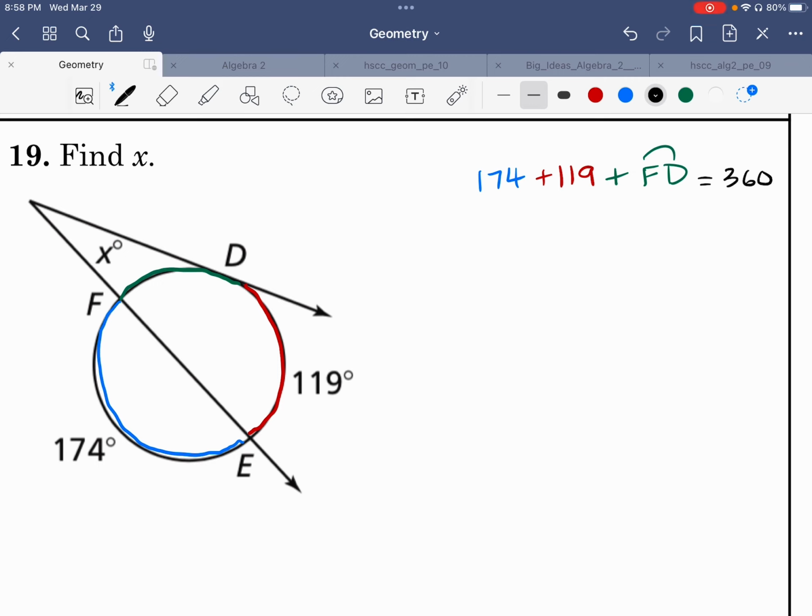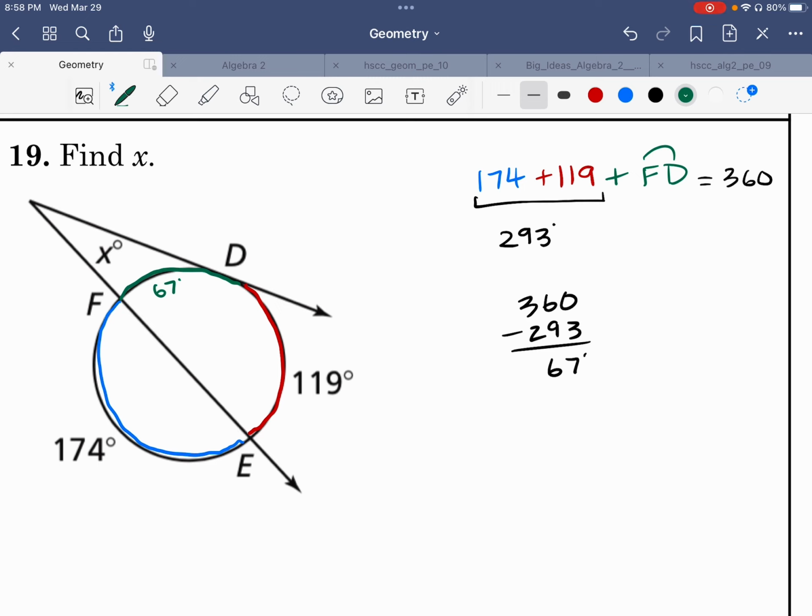So what I can do is take the 174 and the 119. That's going to give us 293. If I take that away from 360, that should give us how much FD is. So we now know that FD is 67. Now we have the green arc, FD, and the red arc, DE.